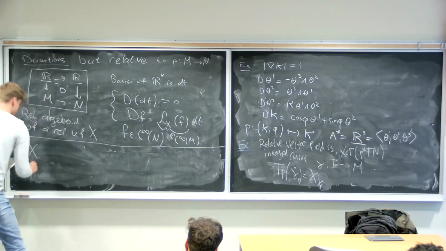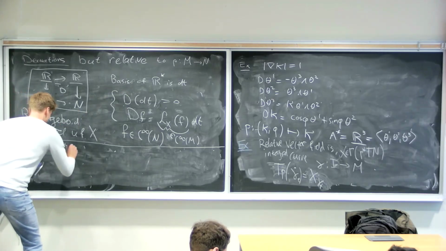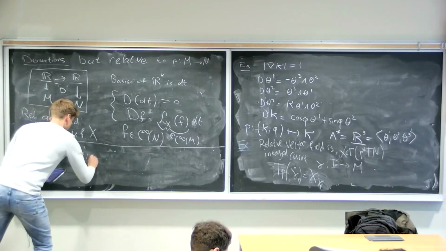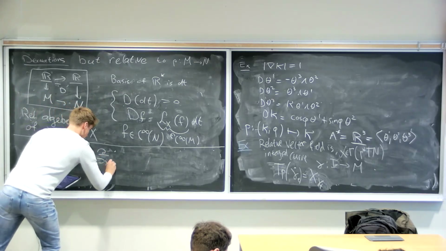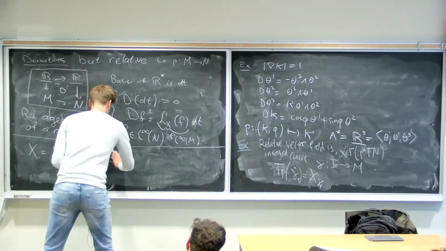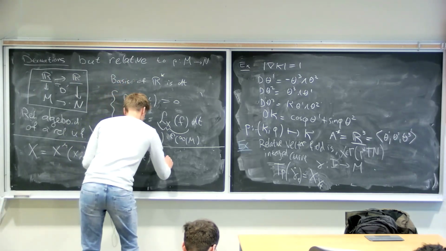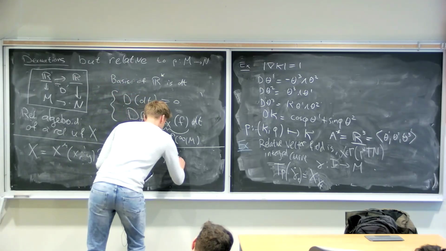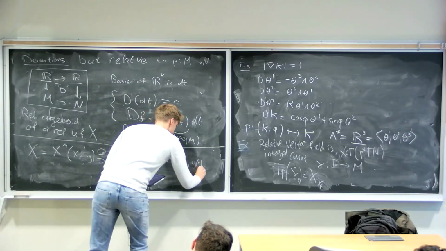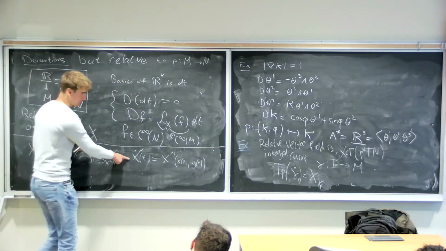We can write this X in submersion coordinates as X^mu, depending on two variables x, y. That's my relative vector field in submersion coordinates. The ODE is x dot^mu of t equals X^mu(x(t), y(t)). That's it, there's nothing more. So this is the ODE for integral curves.